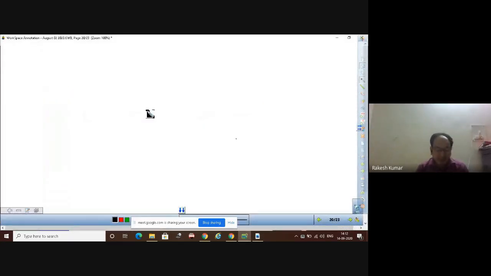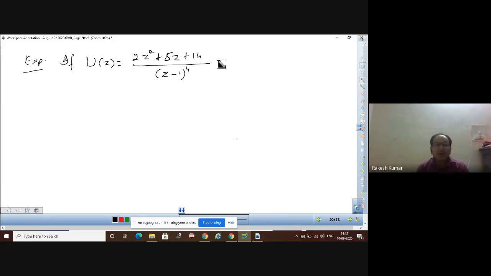This is the example we have. It is given to us that U of z is a function of z, that is (2z² + 5z + 14) divided by (z − 1)⁴.